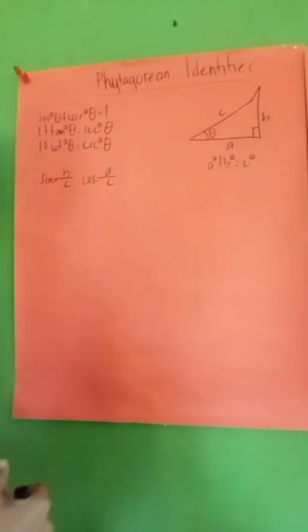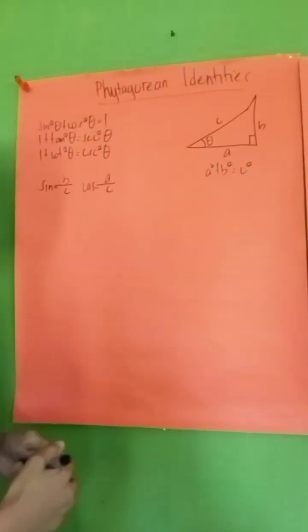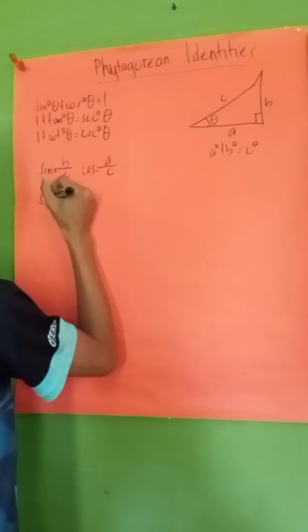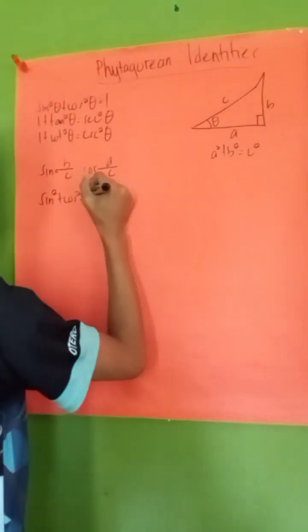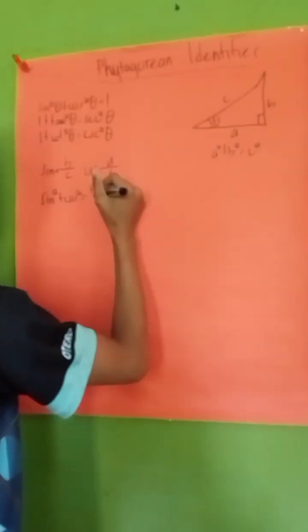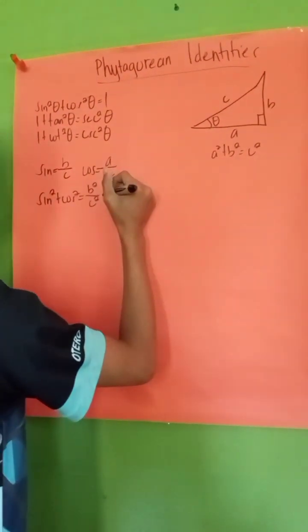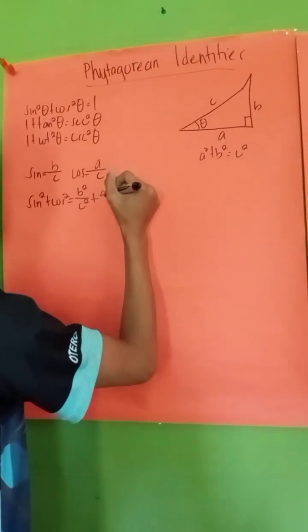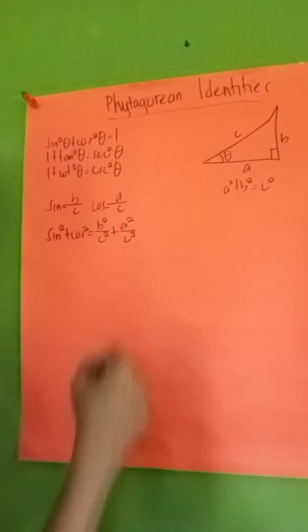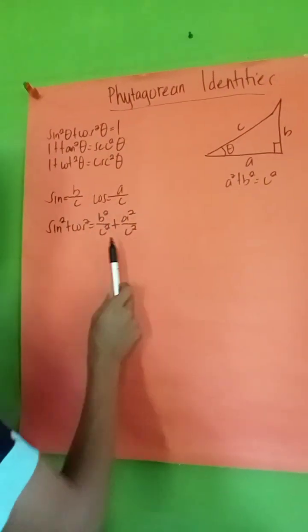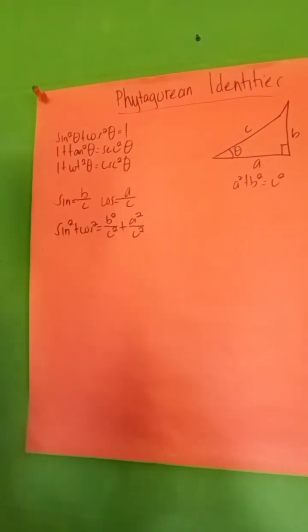Then we square both of them and add them. So sine squared plus cos squared is equal to b squared over c squared plus a squared over c squared. Then we add b squared plus a squared and copy the denominator since they are the same.